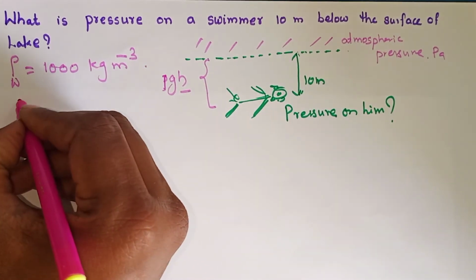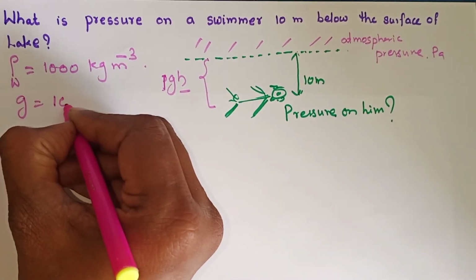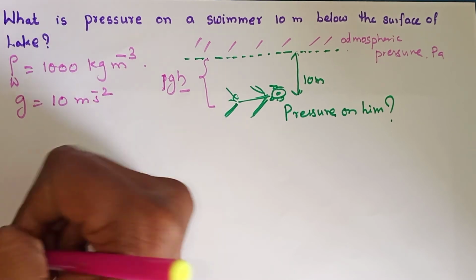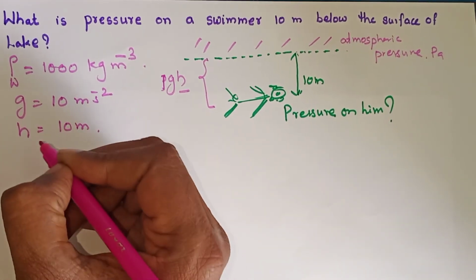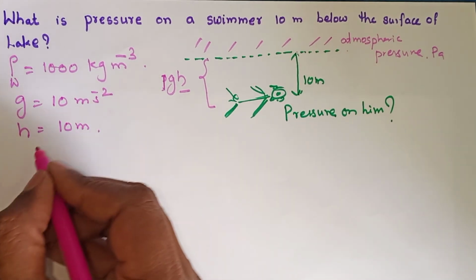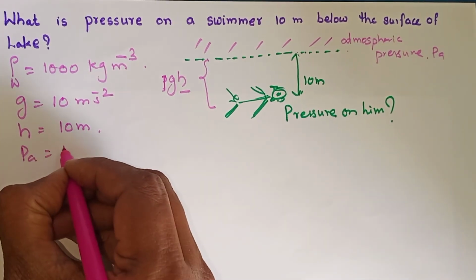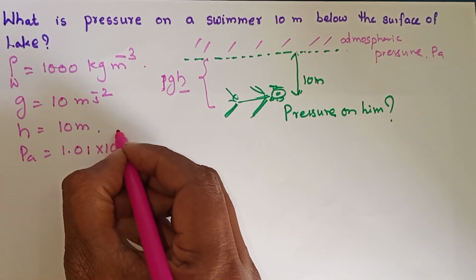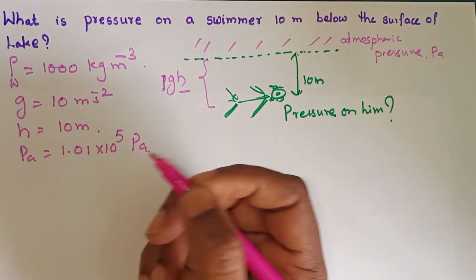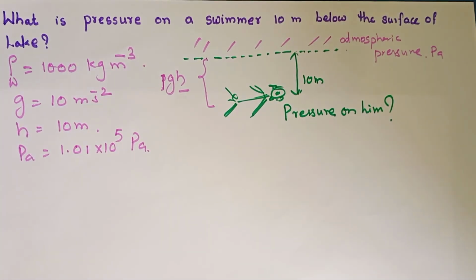Acceleration due to gravity, you take either 9.8 or 10 meters per second square. Height is given as 10 meters. Atmospheric pressure is 1.013 or 1.01 times 10 power 5 Pascal. What is the pressure on him?